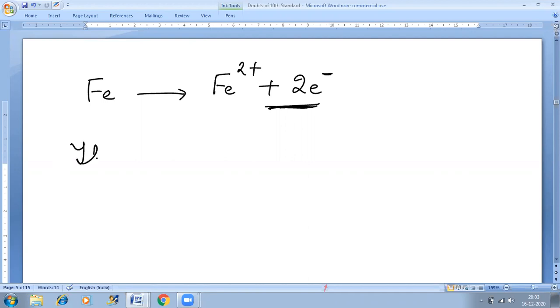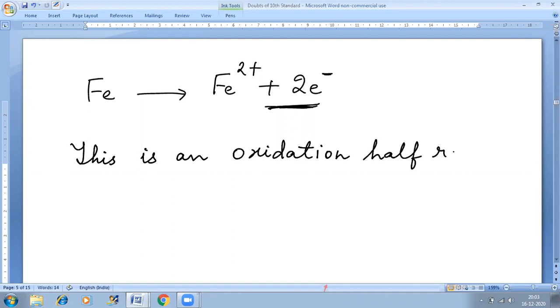Therefore, this is an oxidation half reaction.